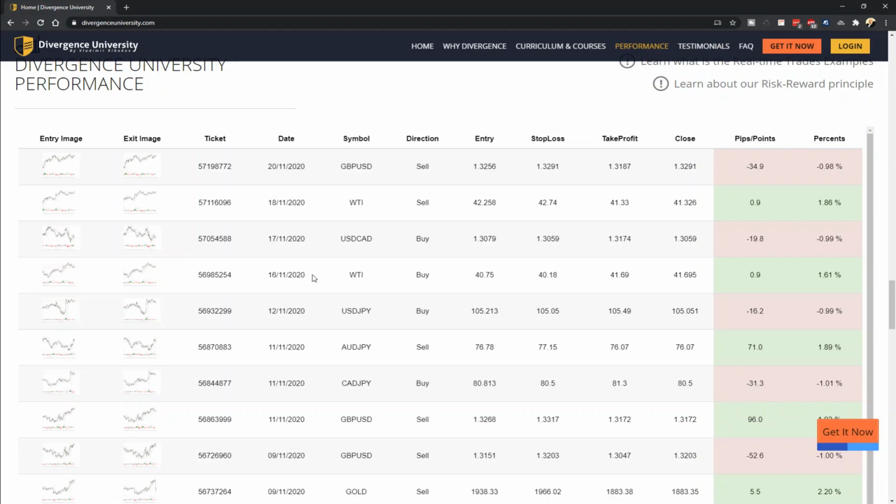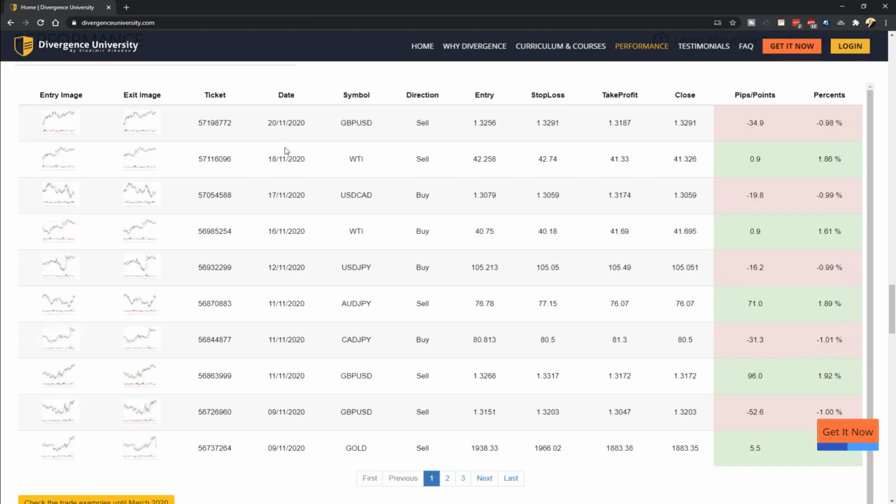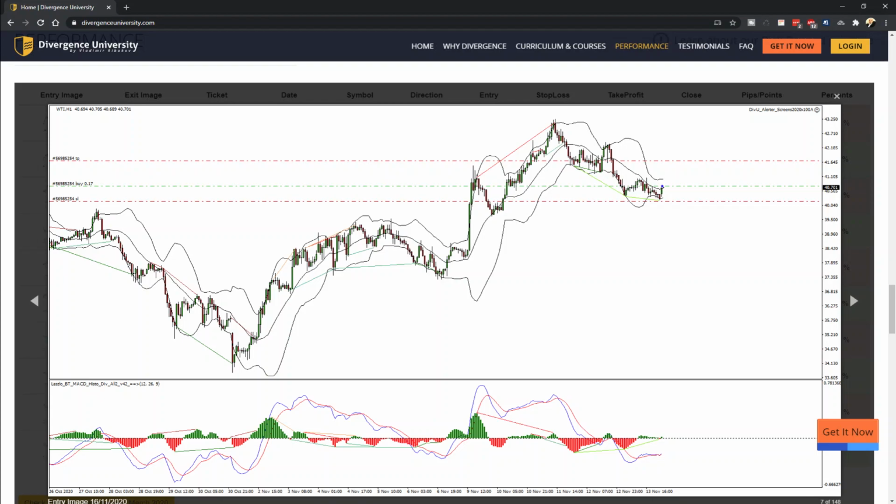Last week started from the 16th, which means we have just a few trades, and at the very bottom we find crude oil. Two trades actually for crude oil, but let's cover them one by one. What do you have on the first one? Price pushed up.